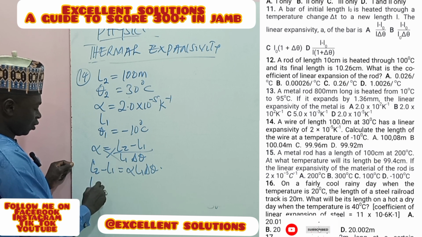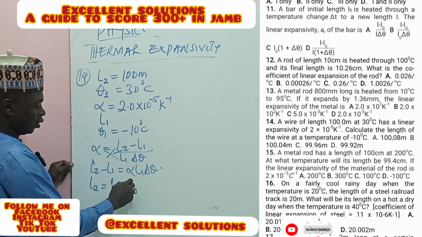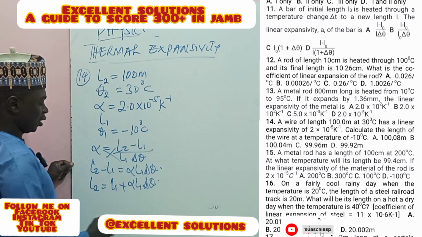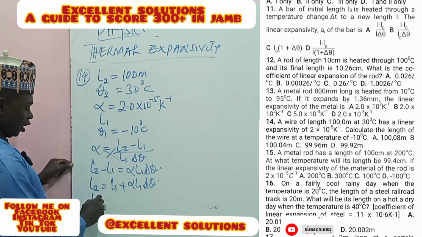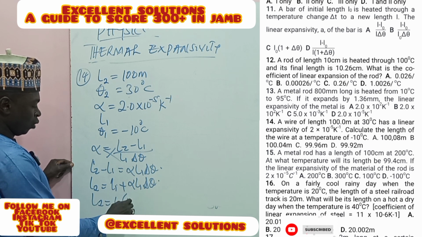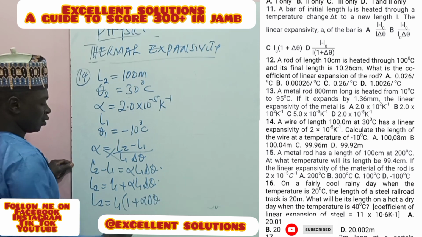We now have L2 equals L1 plus alpha L1 delta theta. We have L1 here and L1 here, so we make it common. We now have L2 equals L1 open bracket 1 plus alpha delta theta.